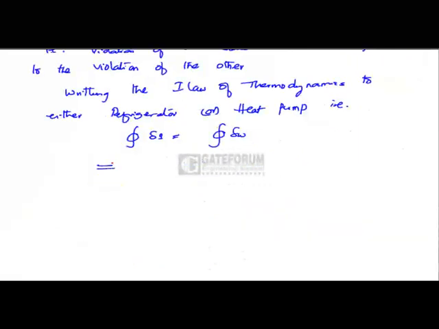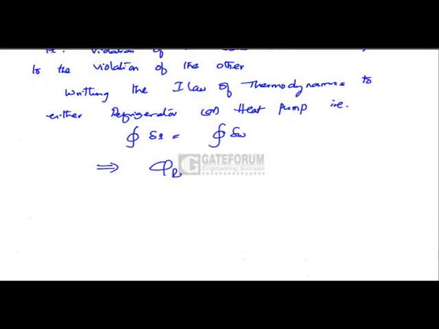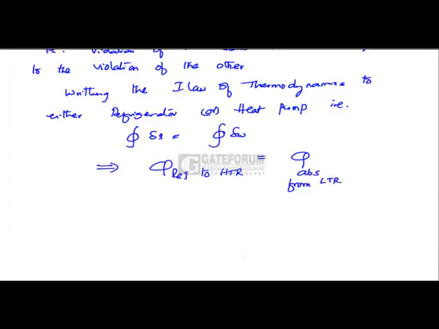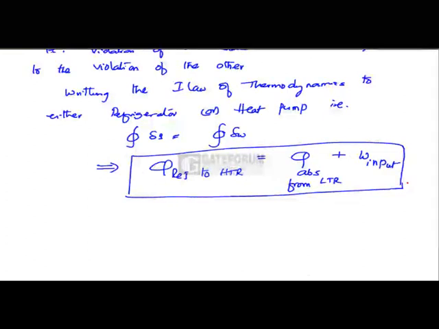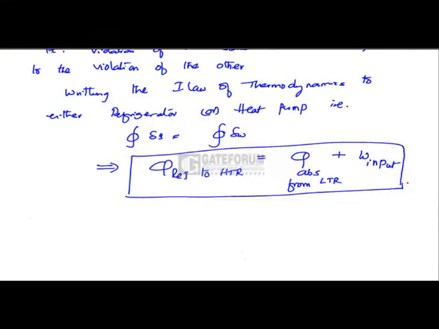It results in Q rejected to high temperature reservoir is equal to Q absorbed from low temperature reservoir plus work input. This equation or first law is applicable to both refrigerator and heat pump even when they are irreversible or reversible.